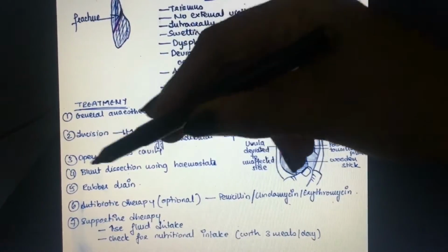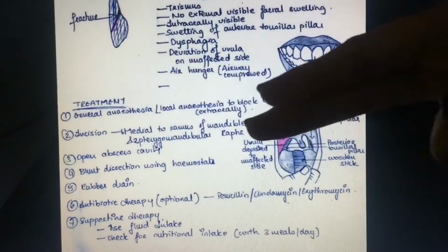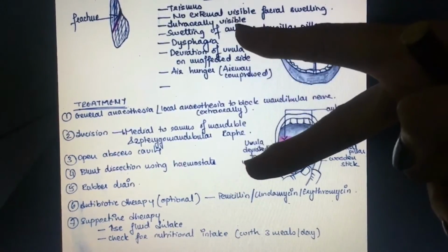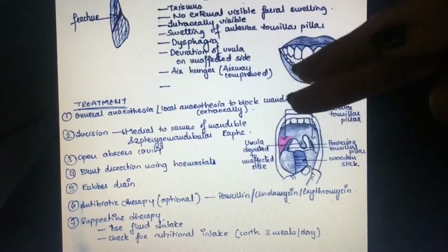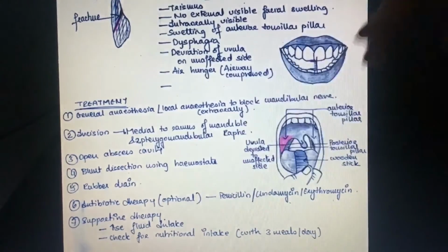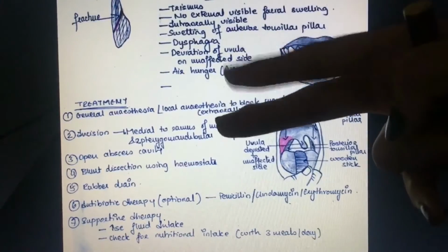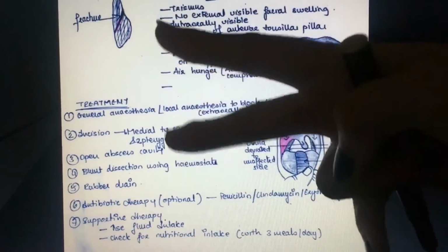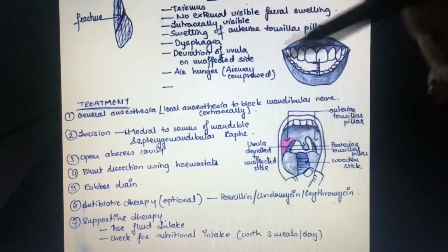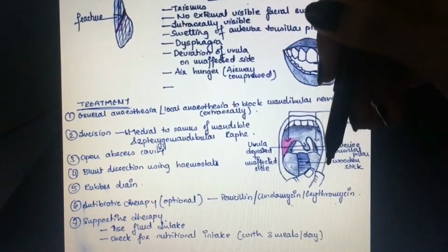After you give the incision, you open the abscess cavity, insert a hemostat, and using this hemostat you do blunt dissection. So what is blunt dissection? Blunt dissection is basically where you insert a closed hemostat into the open abscess cavity and then open the hemostat inside, and by this technique you break the pus locules inside the open abscess cavity.